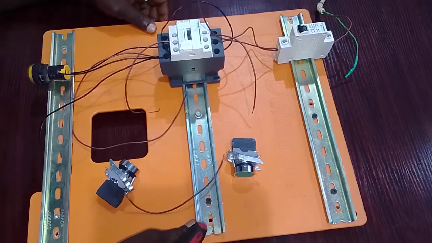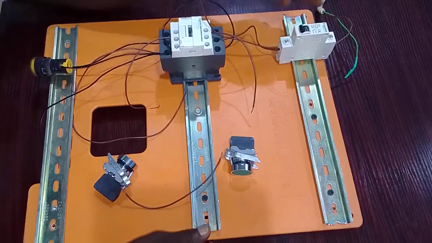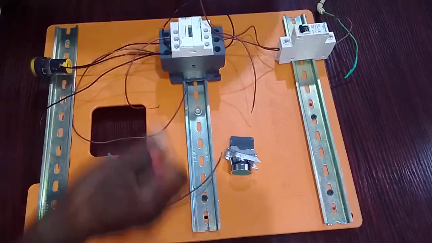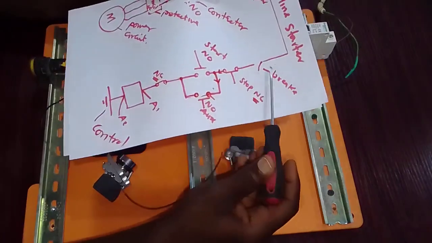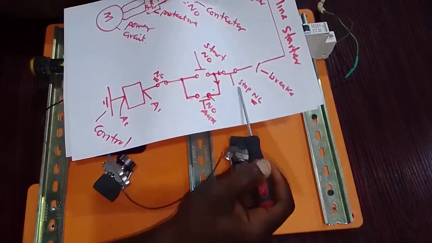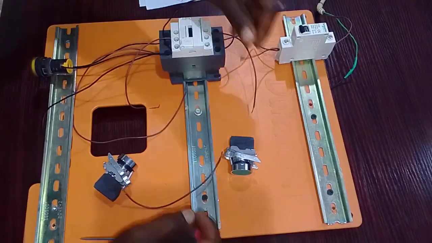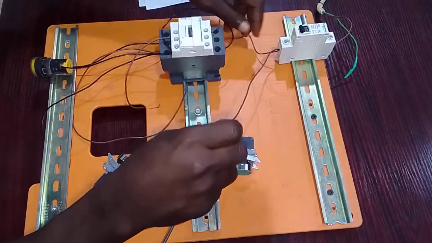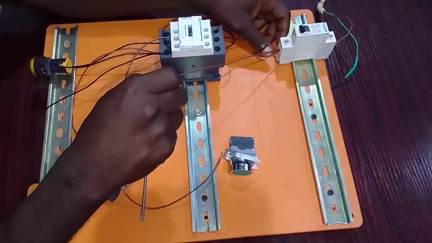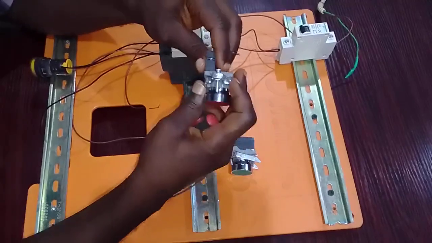Now for our control circuit, like we explained initially, from our diagram here, the supply comes from the breaker. From the output of the breaker, it goes to the stop push button, which is normally closed. So here we have the conductor from the output of the breaker to the stop push button.